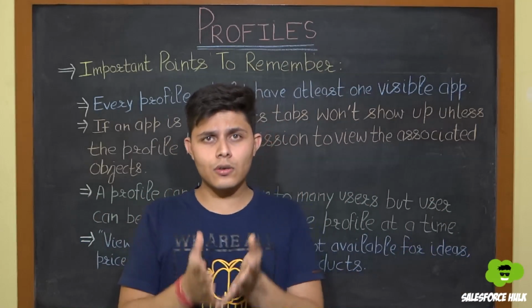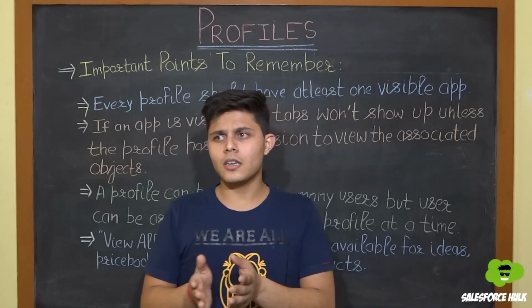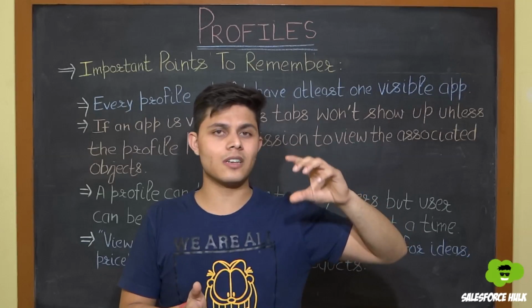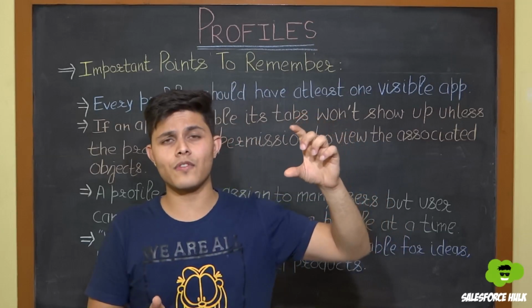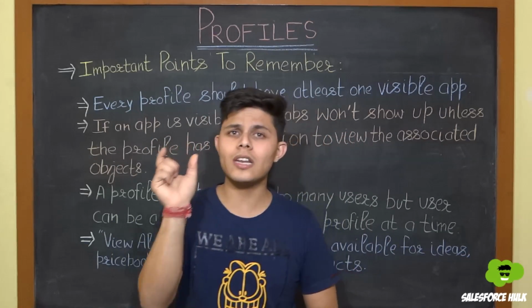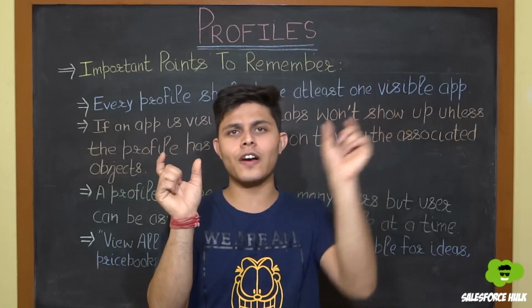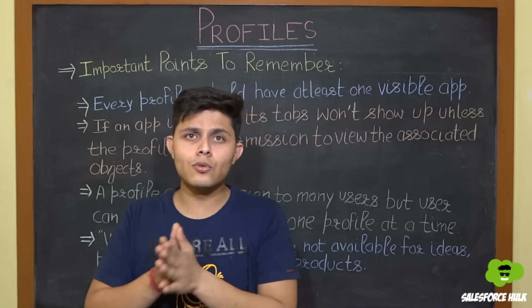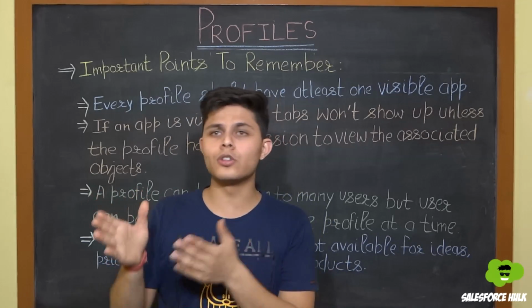In that situation, you will create two profiles, a sales executive profile and a marketing executive profile. But you can only assign one of the profiles to this user John. You cannot assign both profiles. So what will you do in order to give him both the permissions?